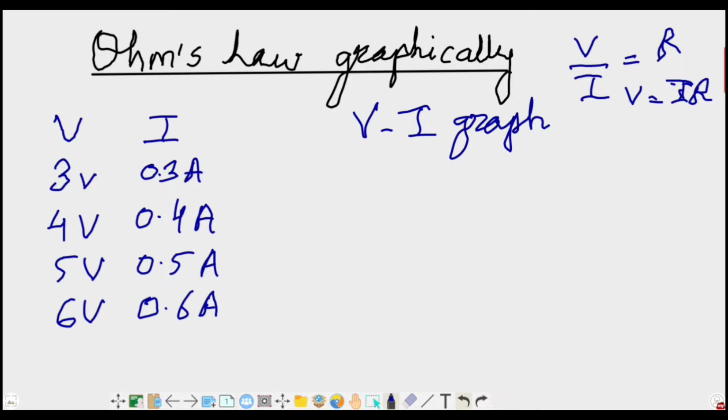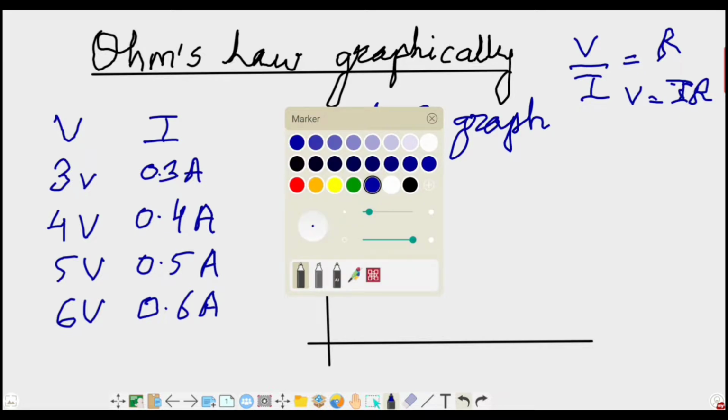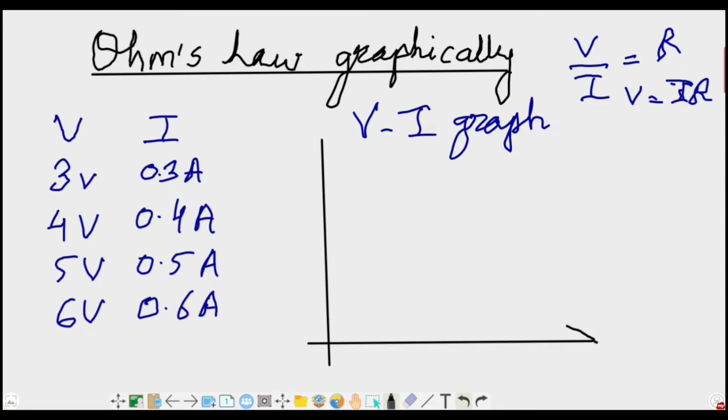In the VI graph, first we have to take two axes, x and y axis. Now this is your x, this is your y. For the VI graph, I will take V on the y axis and I on the x axis. Okay.